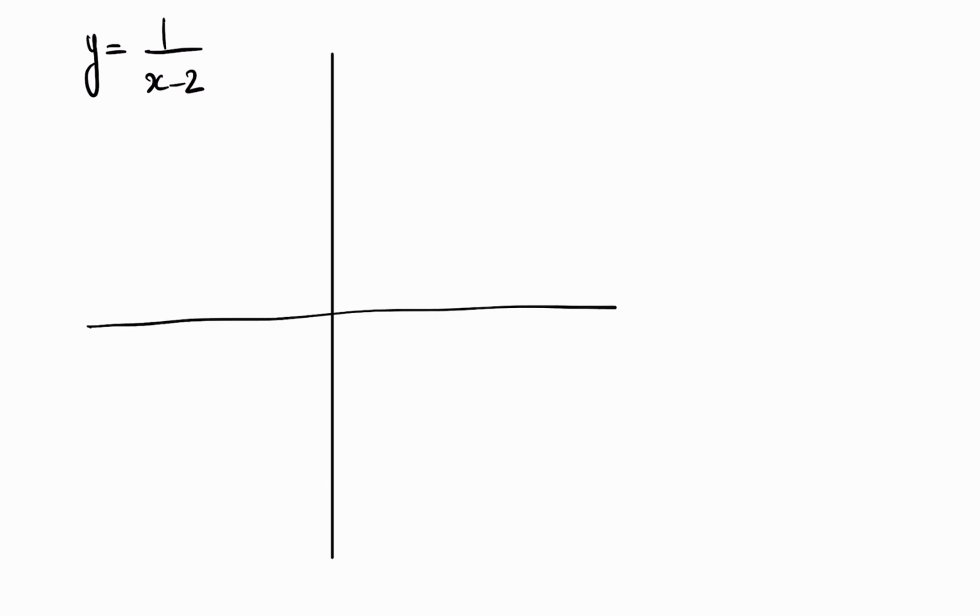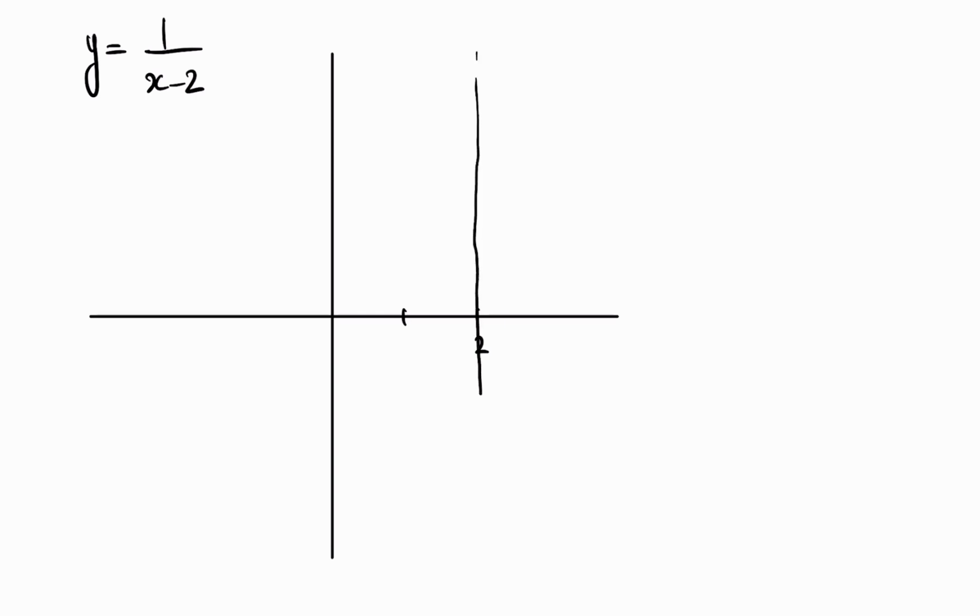So for example, y equals 1 over x minus 2. Well, that's going to be exactly the same, except that we cannot calculate it for x equal 2, so x equals 2 is an asymptote, and basically it's going to look like that.